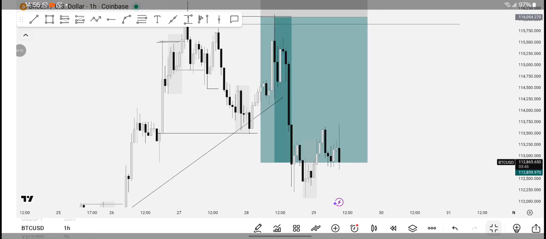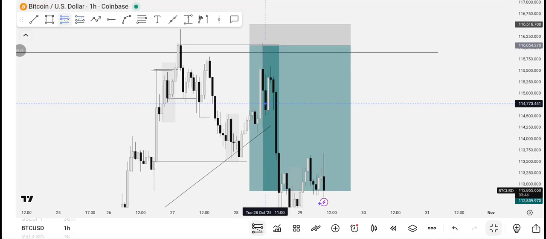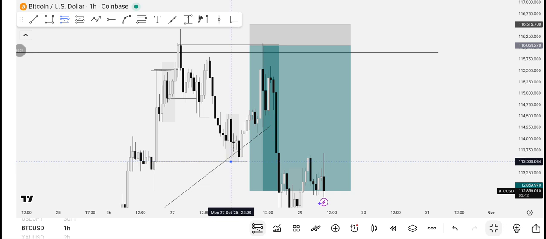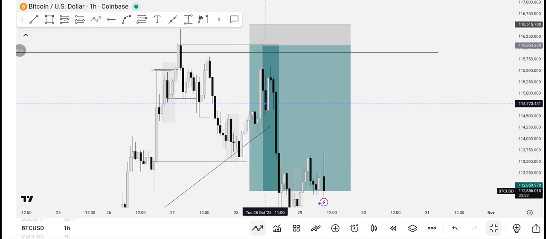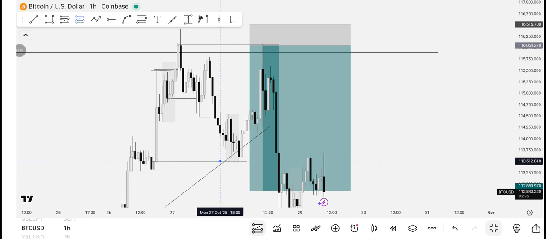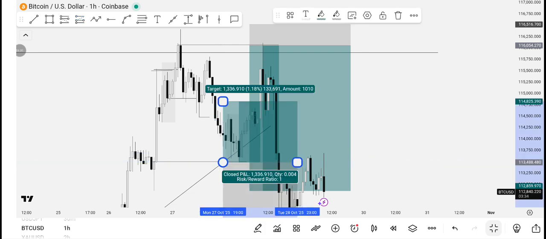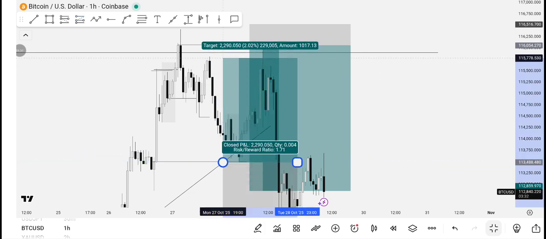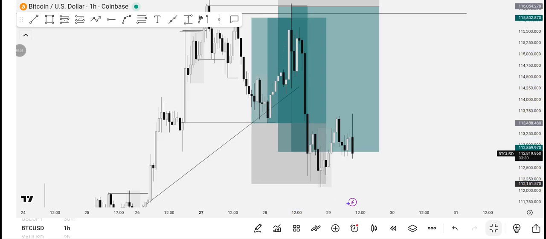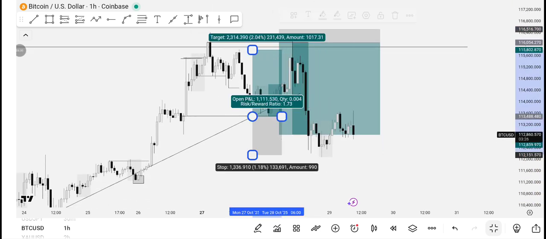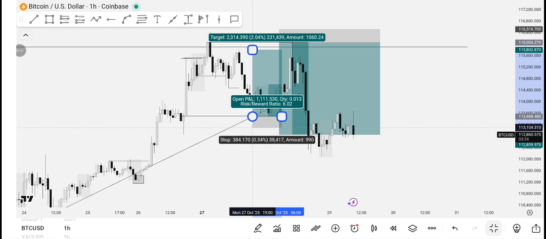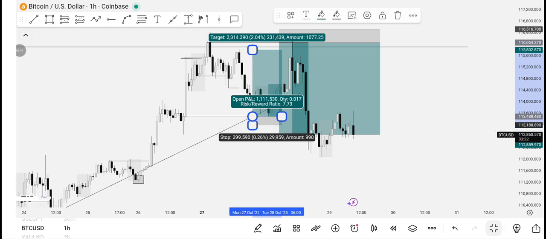Then I picked my buy entry from here, then targeted the liquidity guarding my sell position on BTC. Then my stop loss was under that bearish candle. It was here.